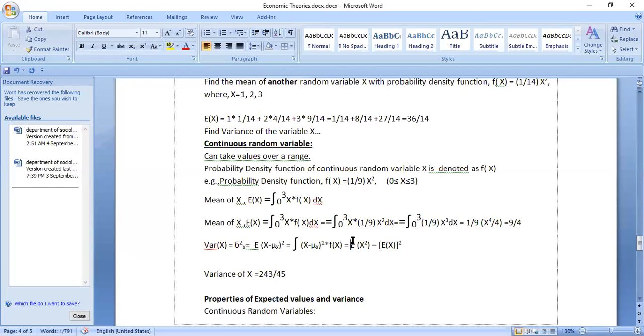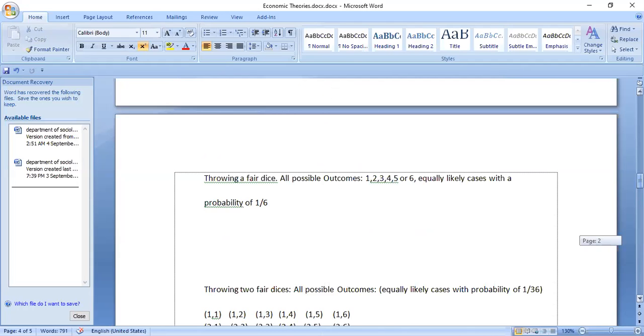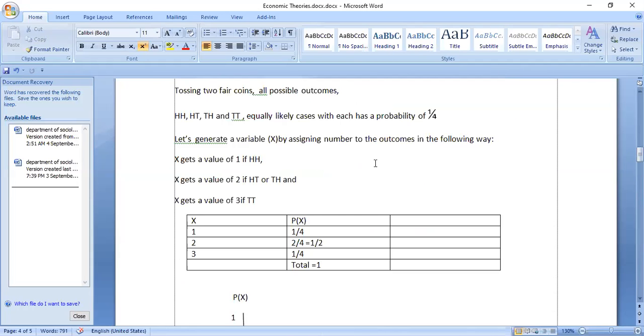Now you find expected value of x squared. How do you find expected value of x squared? Expected value of any random variable x is x multiplied by probability of x, and you add that column.